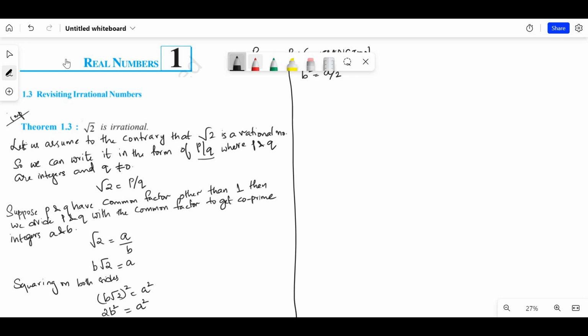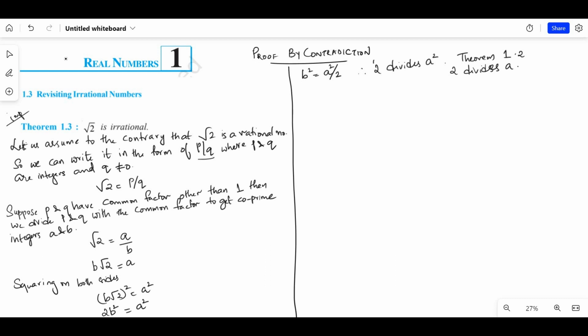So 2 divides A square. Therefore, from theorem 1.2 we can say 2 divides A. If 2 divides A square, then 2 divides A. That is what theorem 1.1 states.